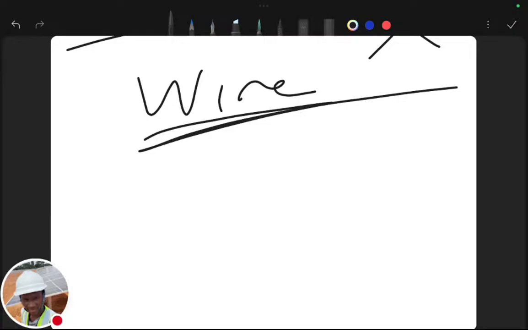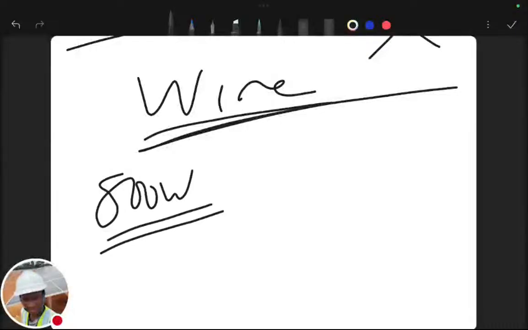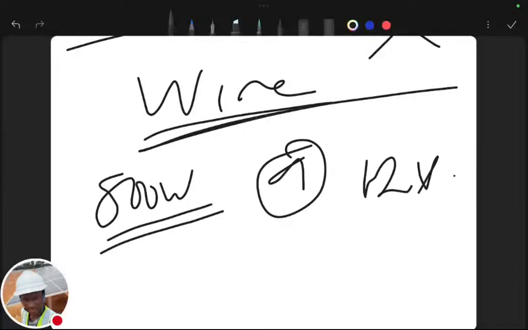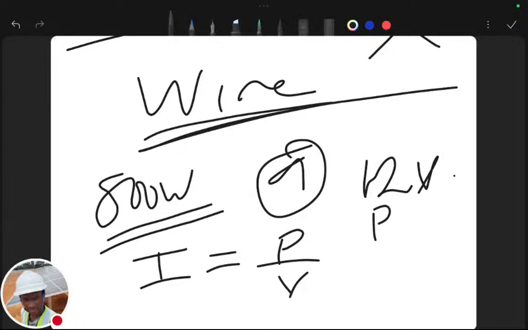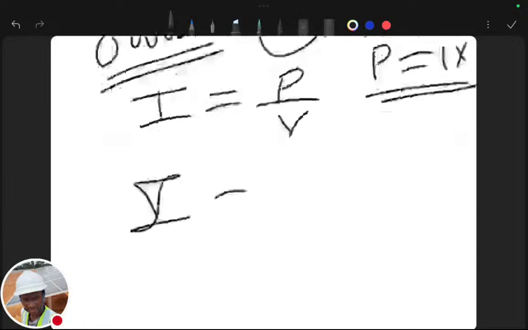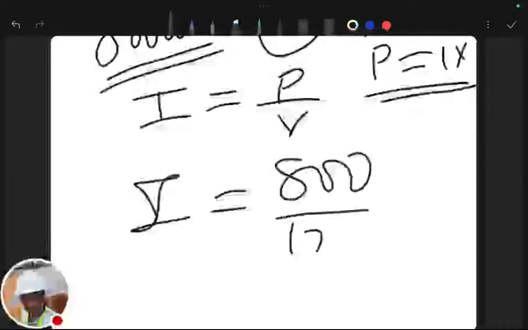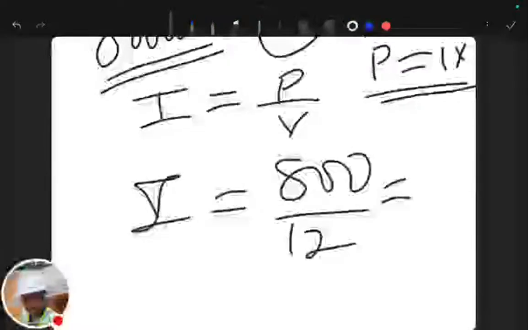Now, we have an 800 watt panel system that is supposed to be supplying us that 800 watts at 12 volts. The mathematical thing for us to calculate current is to take power divided by voltage, because remember, power is IV. So I is supposed to be 800 divided by 12, which is supposed to give us, what's that now?